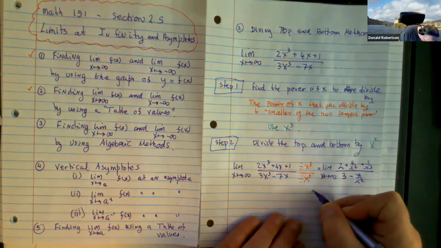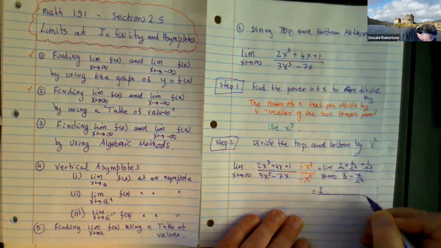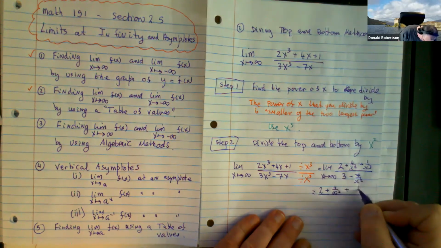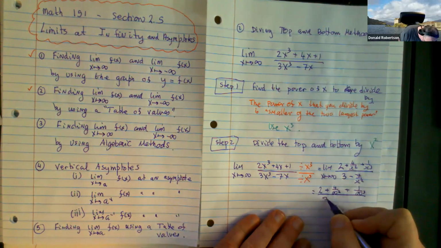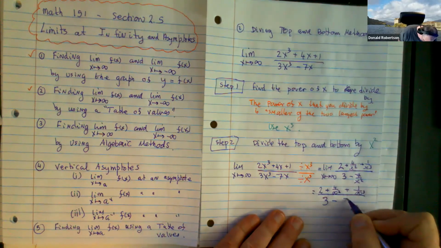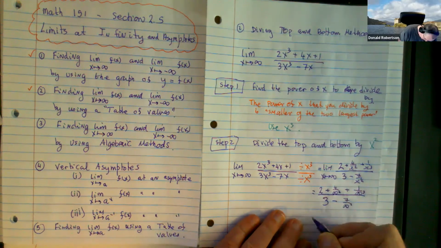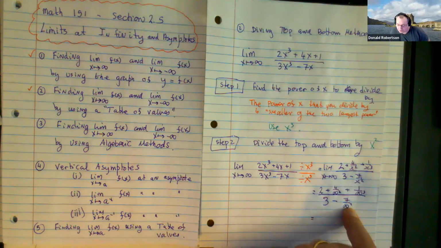But now we can do brute force. On the top then, 2 plus 4 over infinity squared plus 1 over infinity cubed, and on the bottom, 3 take away 7 over infinity squared. And we've spent a little bit of time on doing the calculations, right?